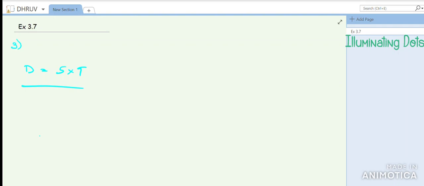You have to solve it by this kind of method and you will get your answer. It's not very hard, it's very easy. Just check it out and give it a try. You will be able to solve it. There's nothing very hard in this type of questions.